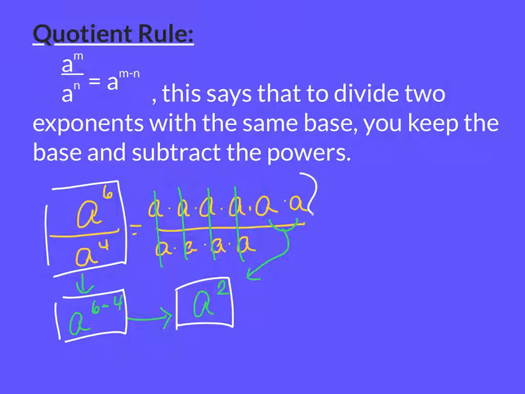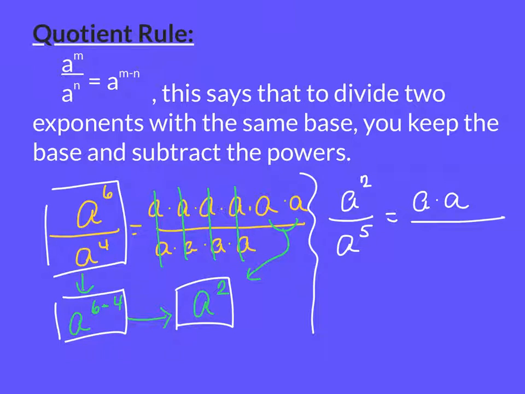Now let's take a look at another one. Say we had a to the second power divided by a to the fifth power. That's going to look a little bit different. a to the second is a times a, divided by a times a times a times a times a, 5 a's.